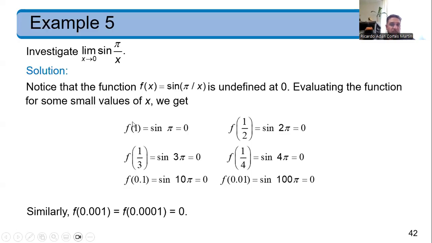Okay, if we use values of x each time closer to 0, we can notice that f of 1 is 0, f of 1/3 is 0, f of 0.1 is going to be 0, and for values of 1/2, 1/4, we also get 0, okay?